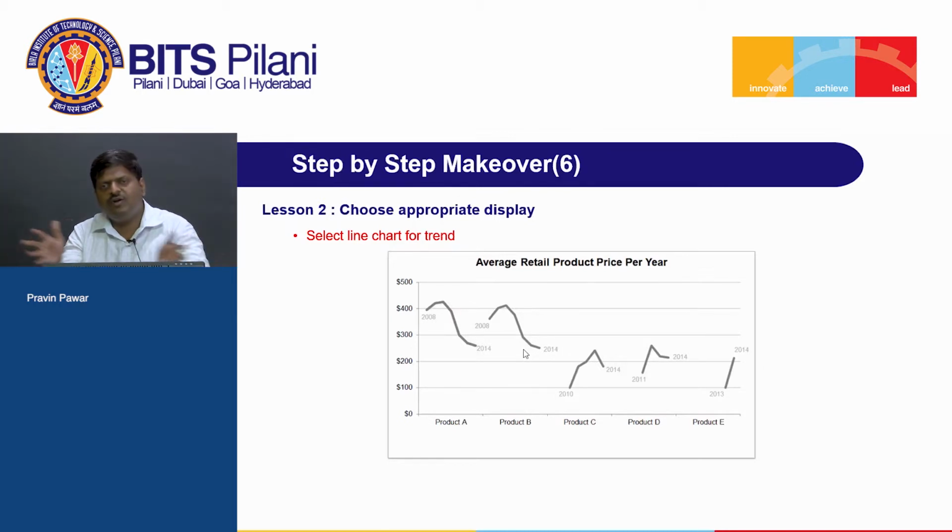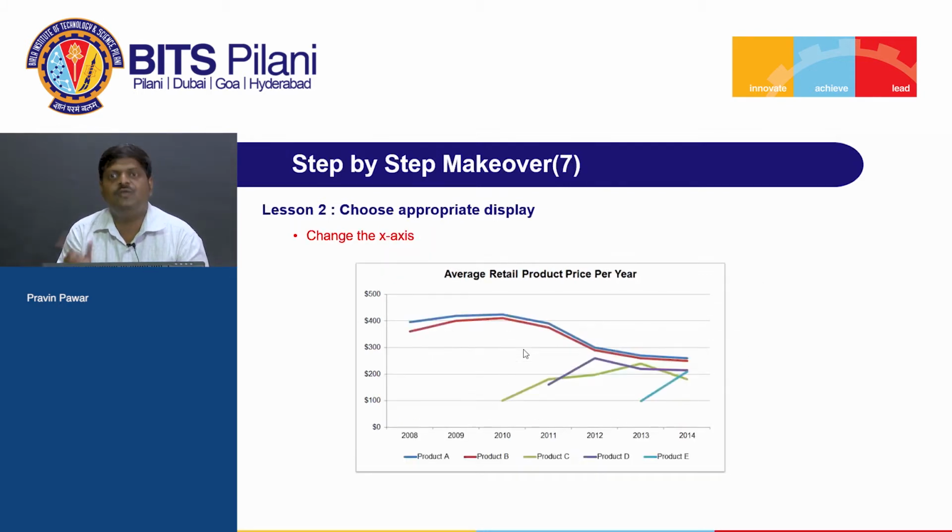But overall, I am not able to figure out any trend, because the data is captured differently for each of the products. So the question here is, am I really plotting this data in the right manner or not? Whatever grouping I have assumed over here, is it really playing any role here or not? So let's go ahead and tweak it.